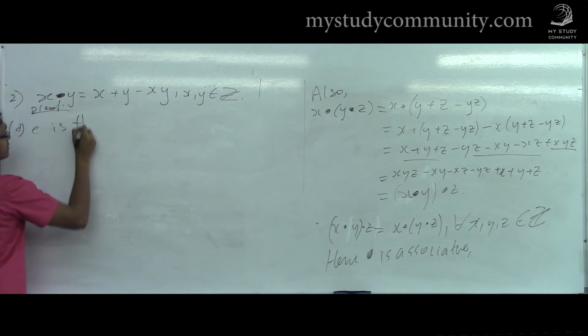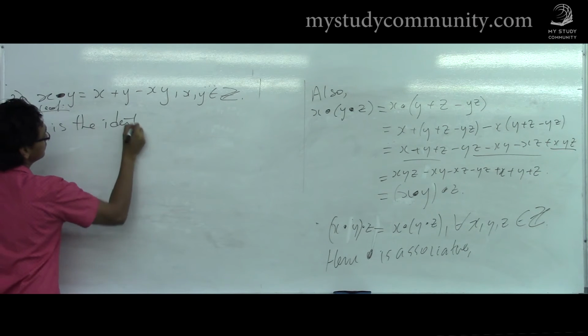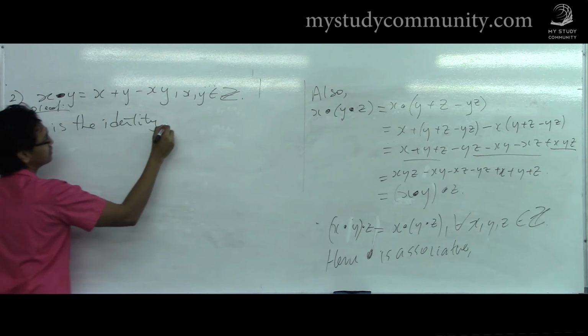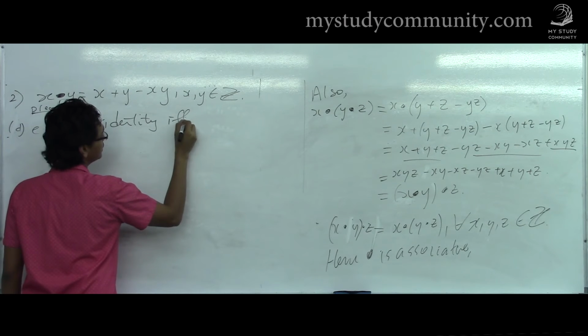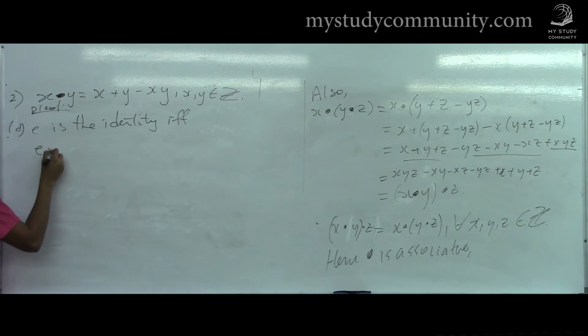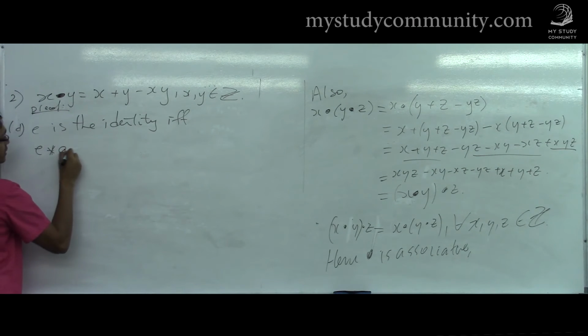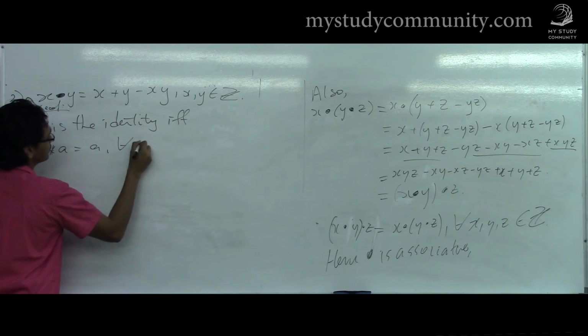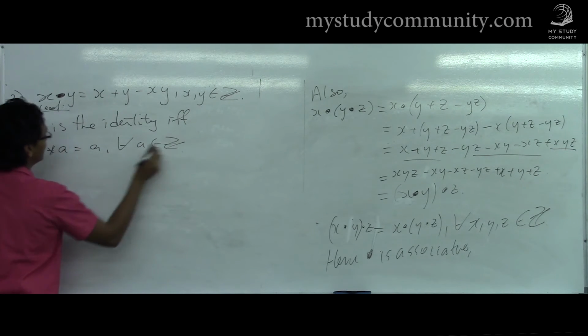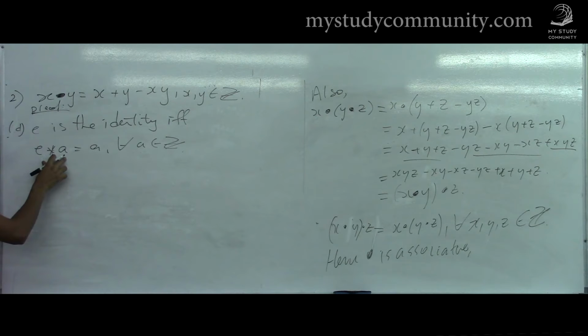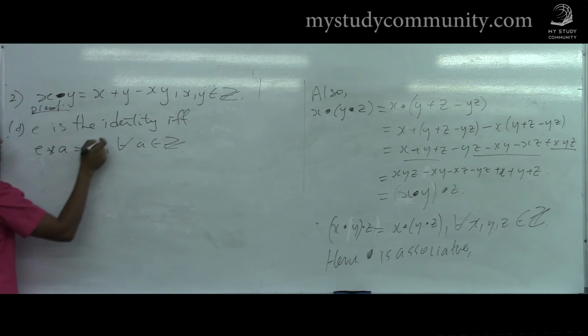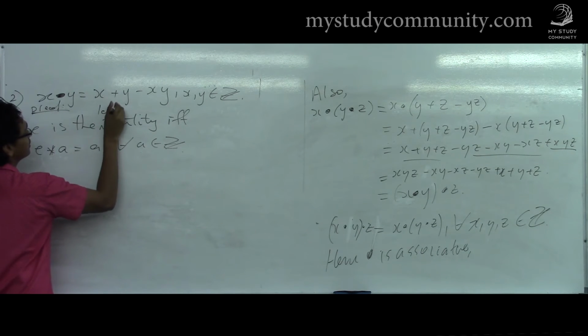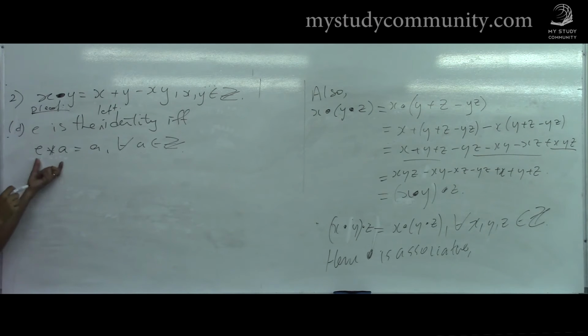E is the identity if and only if E star A equals A for all A in Z. And is this the right or the left identity? This is the left, right? I just forgot that there. Then we translate what this means.